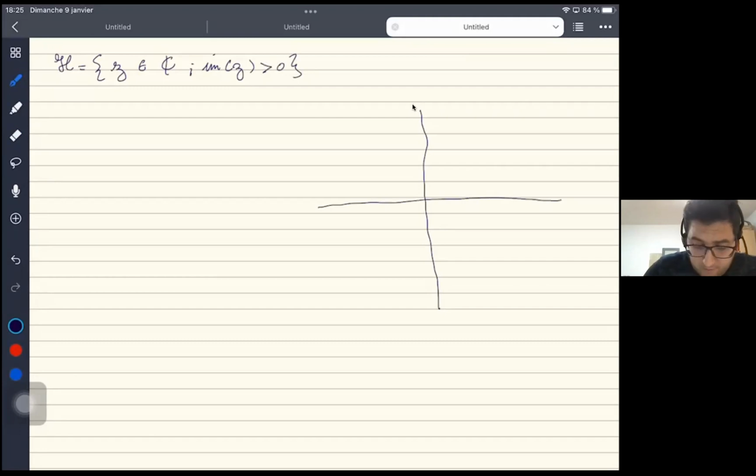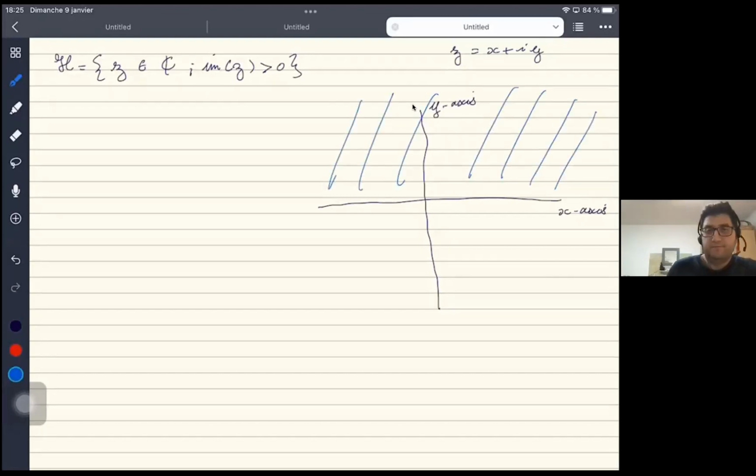If you write z as x plus iy, you have here the x axis and the y axis, and the Poincaré half plane will be just this one, where y is positive. And SL2(Z) acts naturally on H as follows.